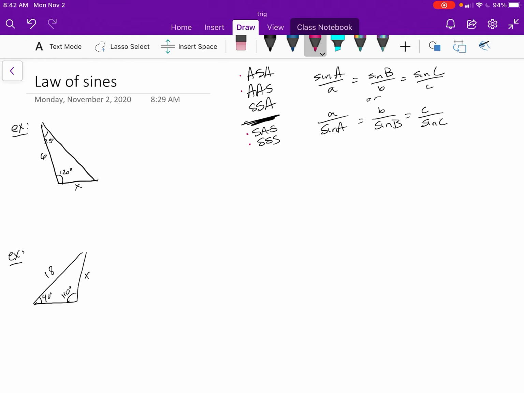If two triangles shared any of those properties, angle, side, angle in that order, or angle, angle, side, or side, angle, side, or side, side, side, we proved congruence, which means they were the same triangle.